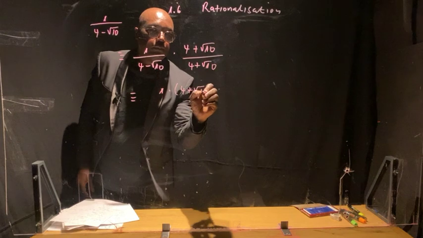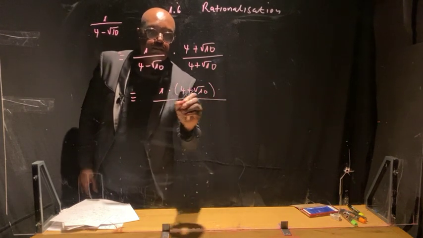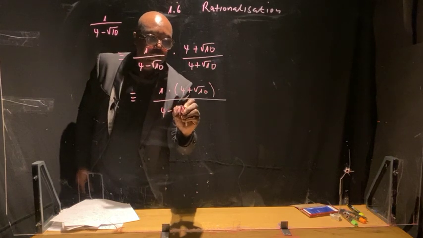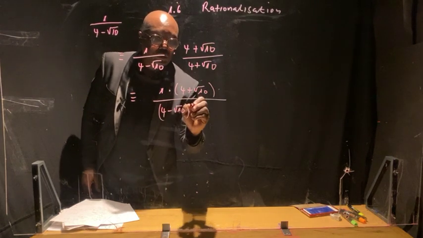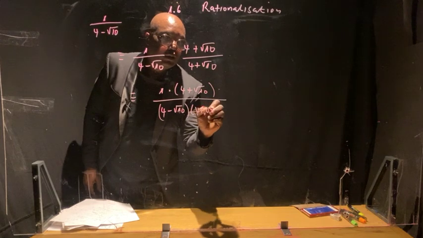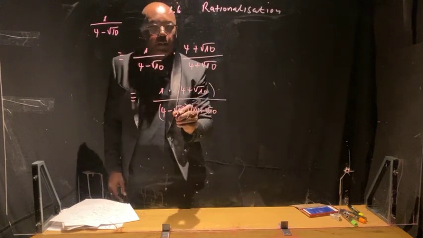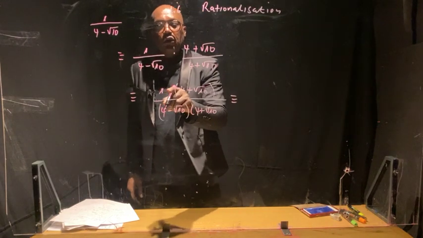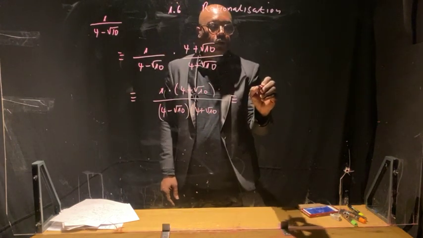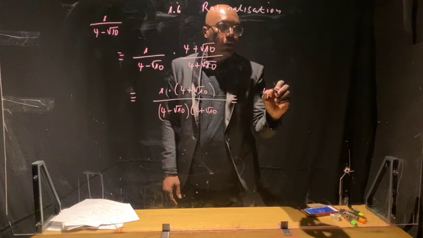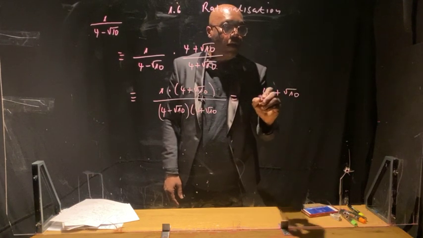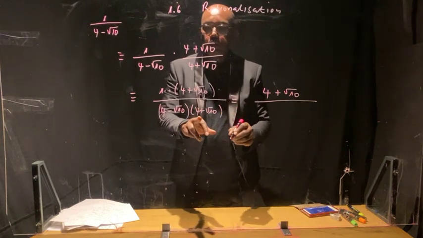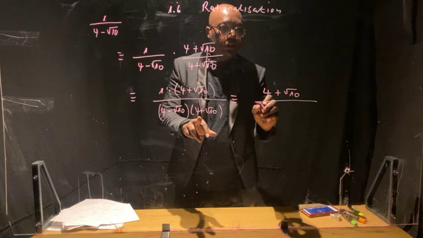Which is no different from 1 times 4 plus root 10 over the denominator 4 minus root 10 being multiplied to 4 plus root 10, which is no different from 1 multiplied to the whole thing. It stays the same, so we have the numerator to be 4 plus root 10 all over 4 multiplied to 4 is 16.